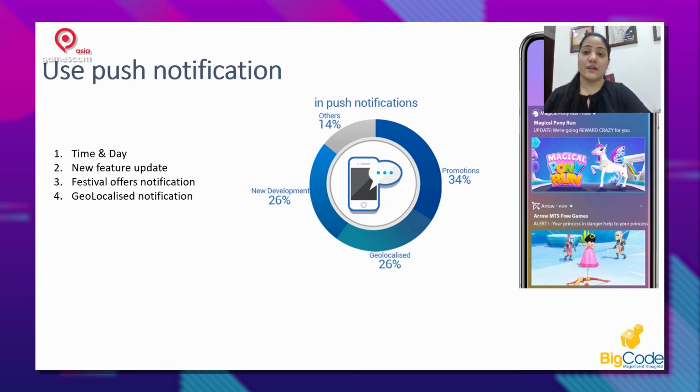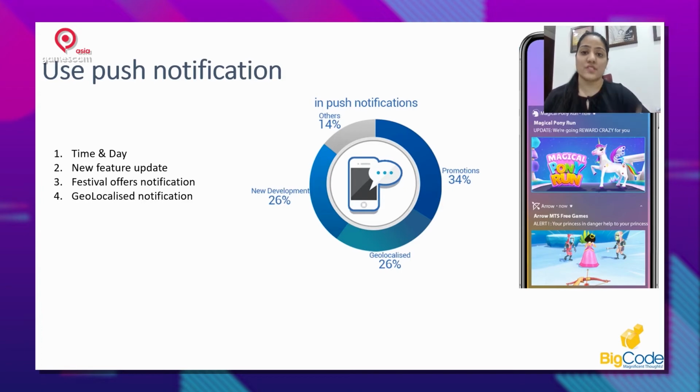Then push notification is one of the important aspects of in-app purchases: how and why a user will attempt and make an in-app purchase, and what's the right time to send push notifications which trigger users to go inside the game and make the purchase. You need to know when and on what date you are sending a push notification.